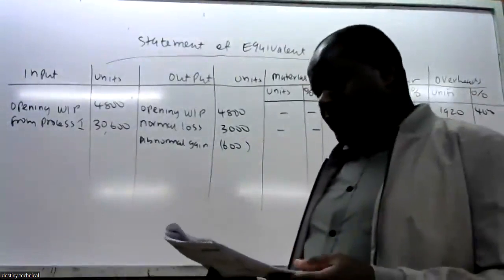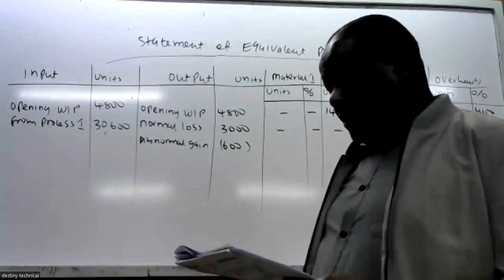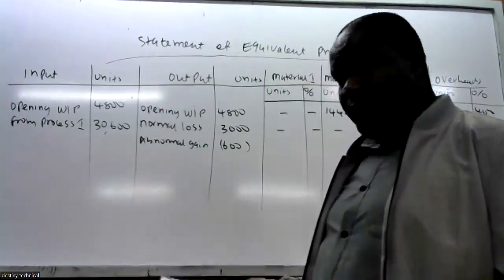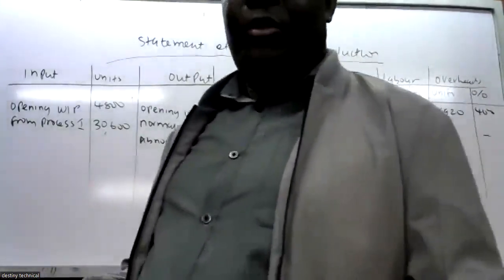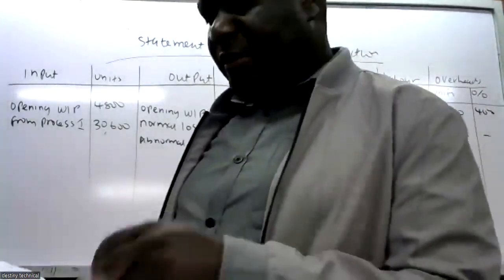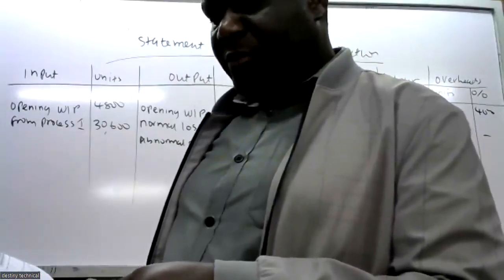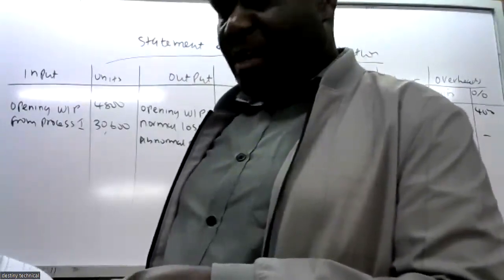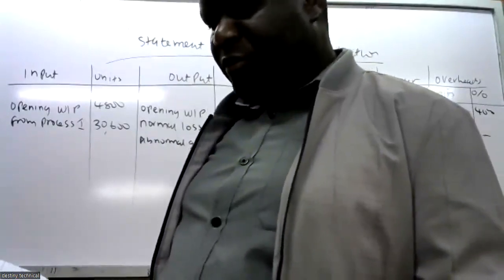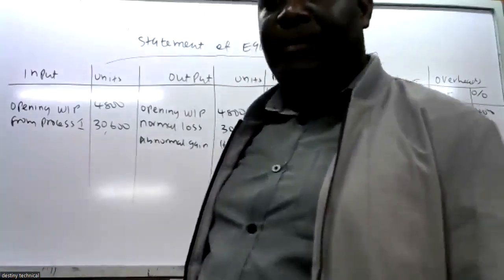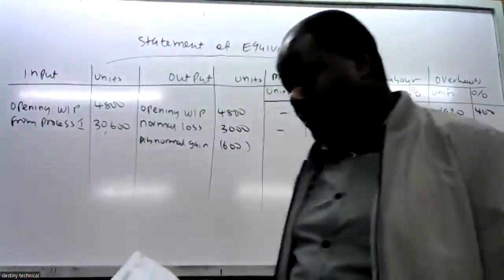If it is not given, we normally use 100%. But this one, it was given. You see what they gave you as the units that were scrapped, 2,400 units. Those are now meant to be the degree used to apportion the abnormal gain or loss.